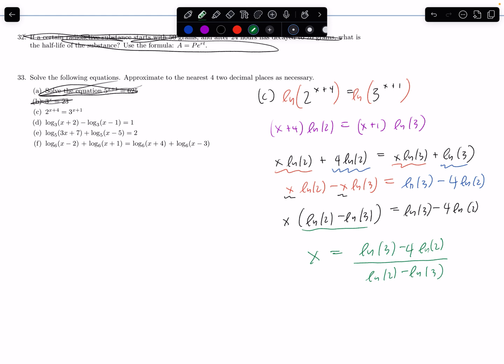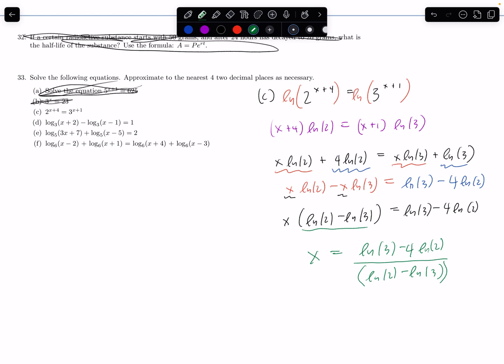Okay, I'm just going to punch that thing in. Ln of 3 minus 4 ln of 2, and I'm going to hit enter once, and then divide by ln of 2 minus ln of 3. When you do this division, make sure you have parentheses around your denominator.